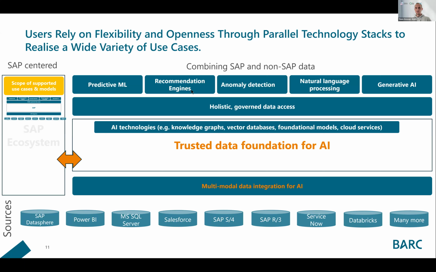We need holistic governed data access so that the SAP data and the other data is ready and accessible for each kind of application you can think of. And only focusing on a SAP-centered ecosystem is the wrong way here. And therefore, we find best practices in the market that SAP is combined with other platforms like Microsoft, Amazon, for example, and all the hyperscaler stuff.